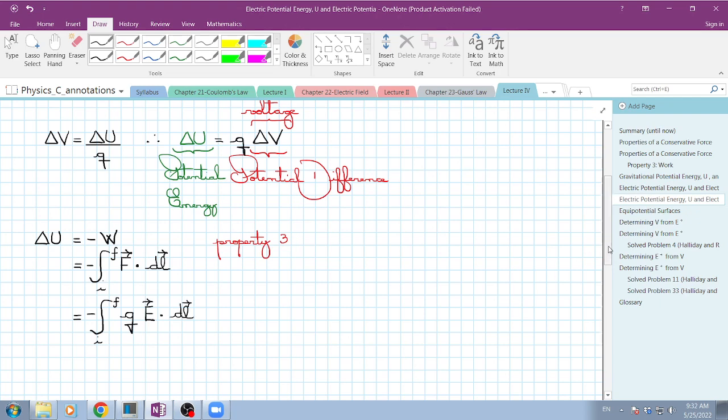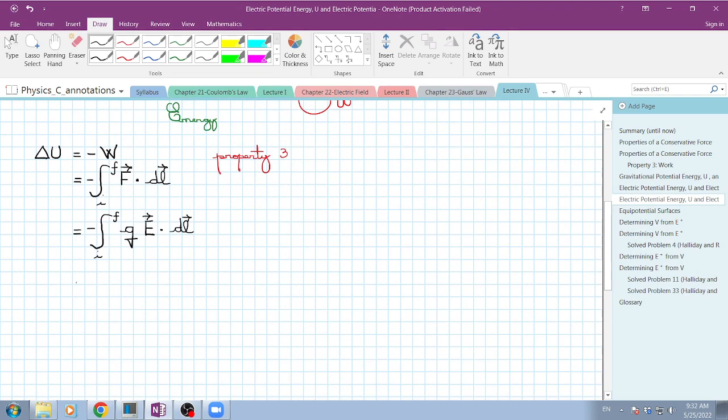Since the charge is constant, the charge can come outside. So this is minus q, this integral here from i to f of this scalar product, or inner product, or dot product, so many names.